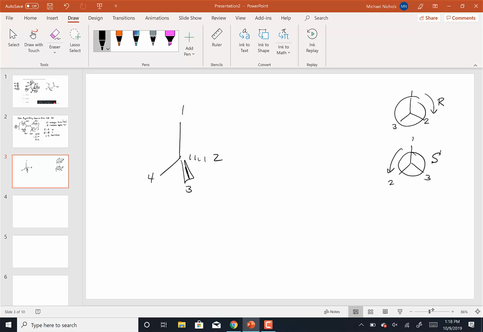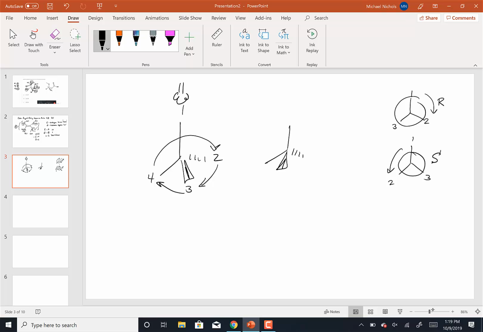The first is I can come down with my hand, and that's what that represents, is a hand, grabbing number 1, and if I grab number 1, then I can rotate the other 3 groups. So I could rotate 4 into 2, 2 into 3, and 3 into 4. One will remain in its same place because I grabbed it.